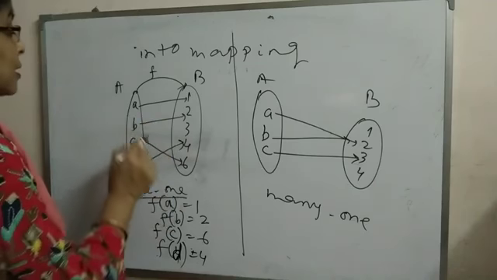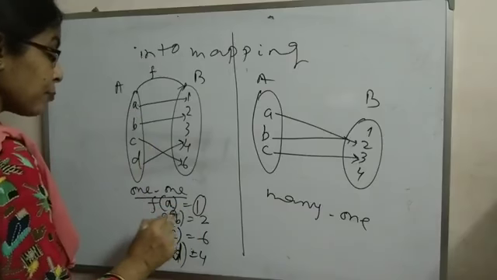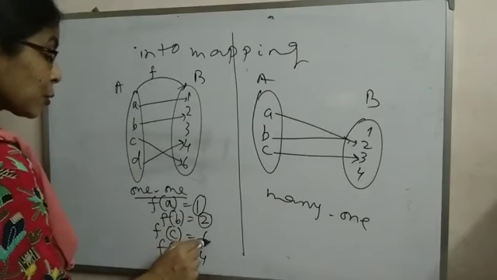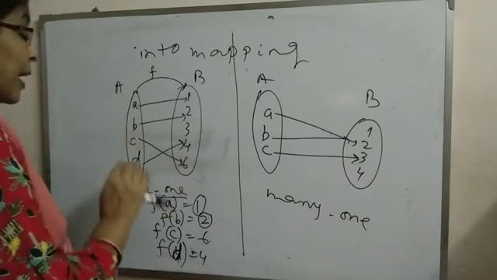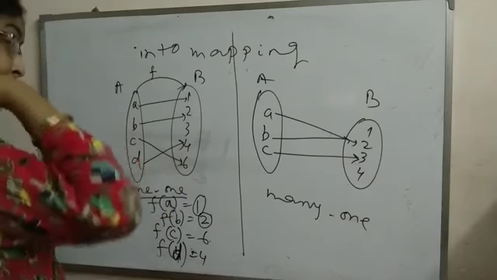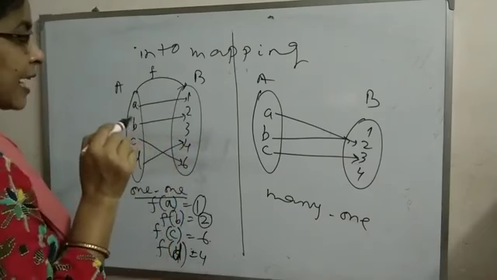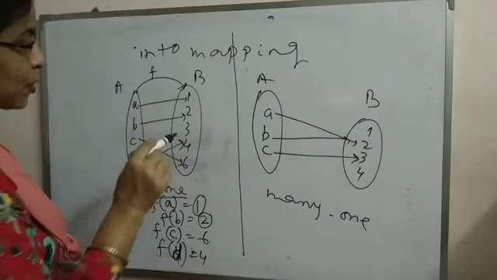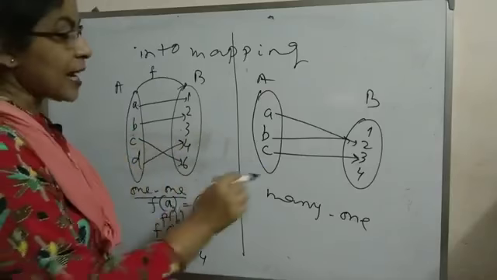Why one-one? Since here a equal to 1, b equal to 2, c equal to 6 and d equal to 4, it is one-one. But why is it into? There exists at least one element in B which has no preimage in A.